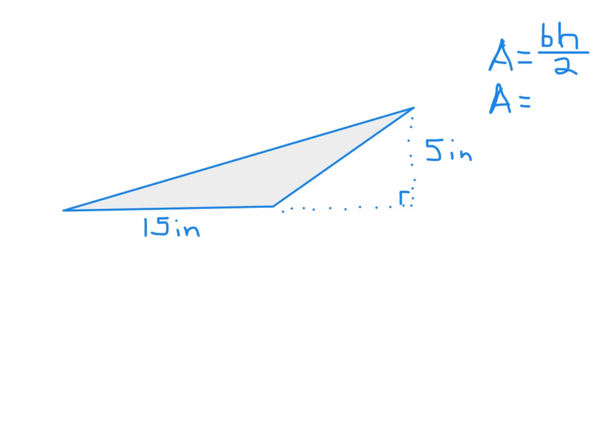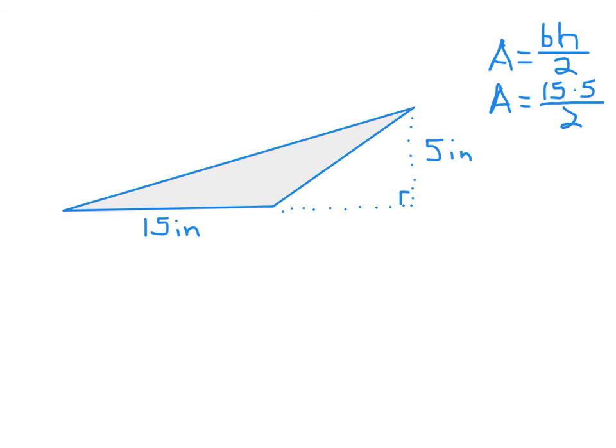So that's going to be our 15 here. So let's go ahead and put that there, and a little dot to show that we're multiplying it times our height. In this case, that would be the 5. And it's always divided by 2 in a triangle.